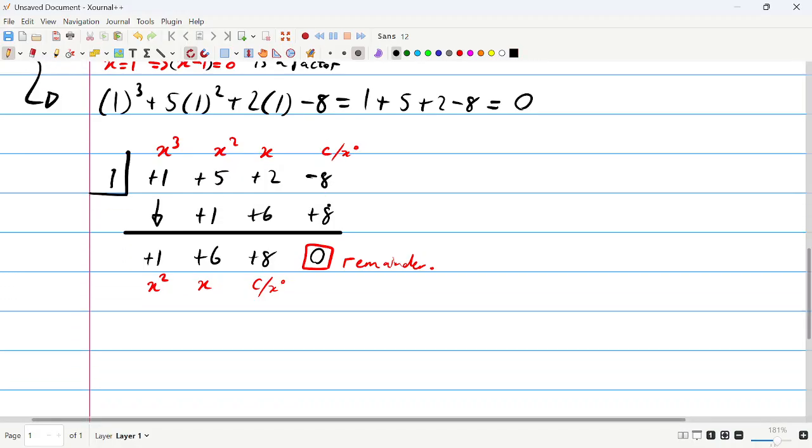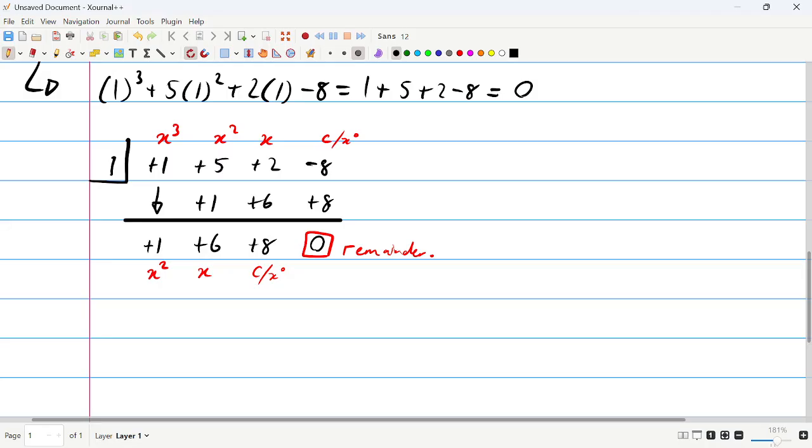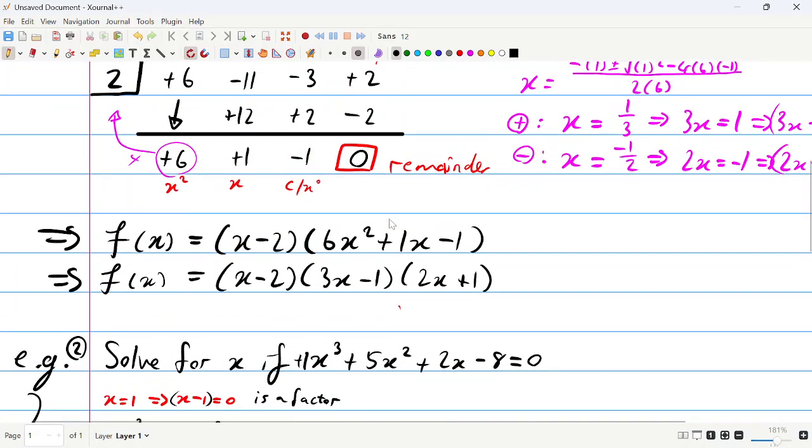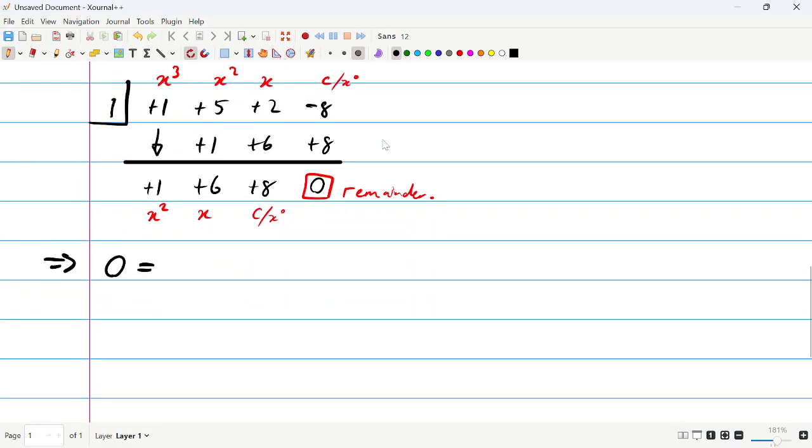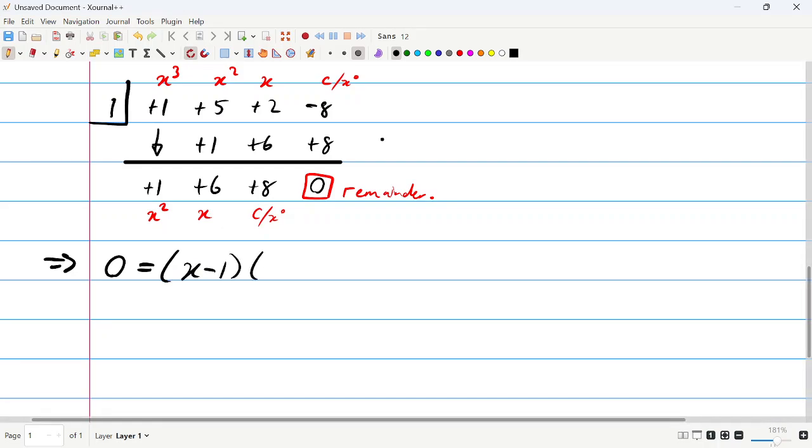So therefore, what are we going to do? We are going to now say that 0 is equal to, remember, the question didn't say f of x equals all of that. It said 0 is equal to all of that. So therefore 0 is equal to what? We used the root to be x minus 1, remember, or the factor to be x minus 1.